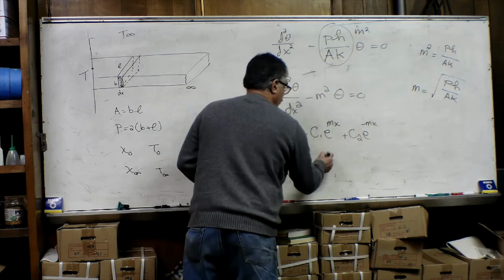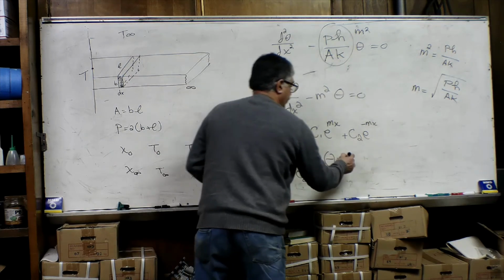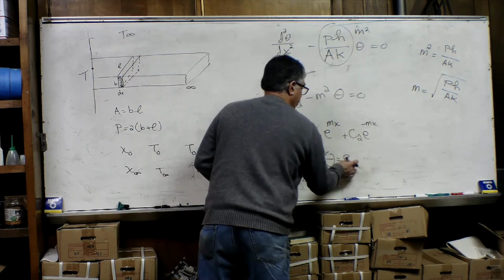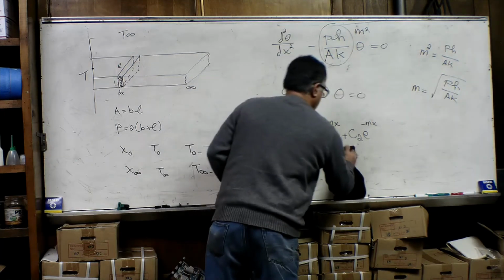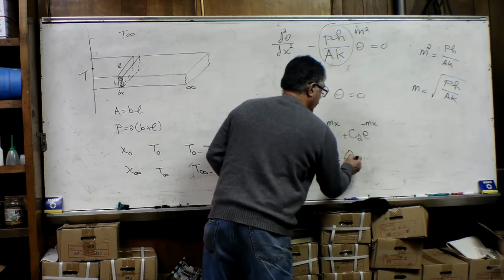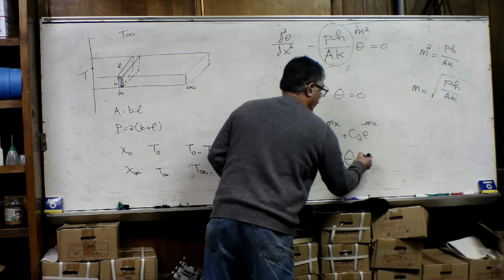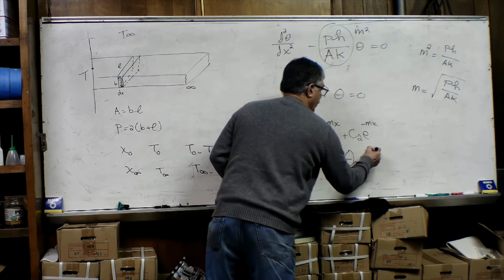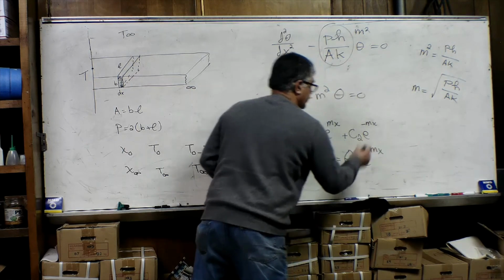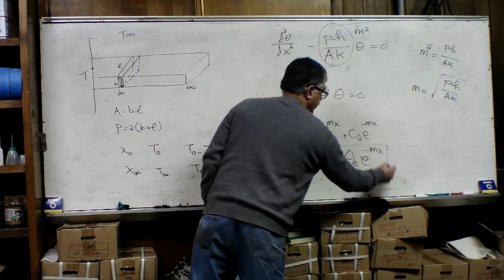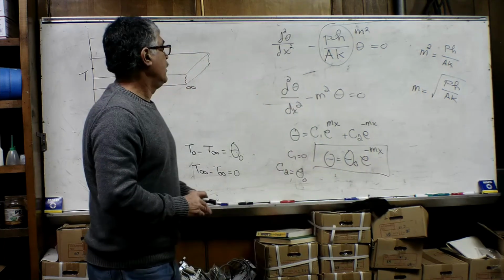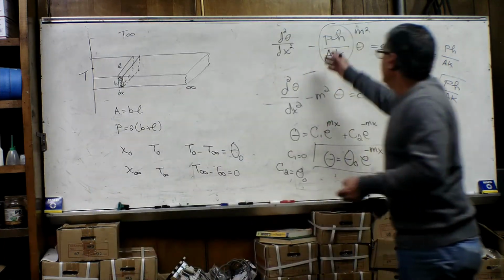So our solution, theta, will be equal to the initial change in temperature multiplied by e to power minus mx. So this is the solution to this differential equation.